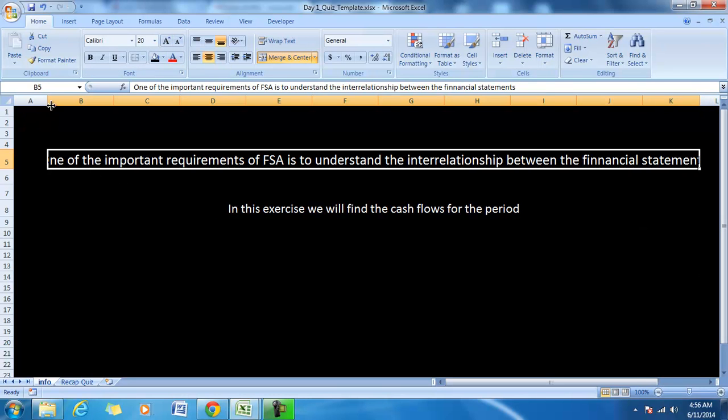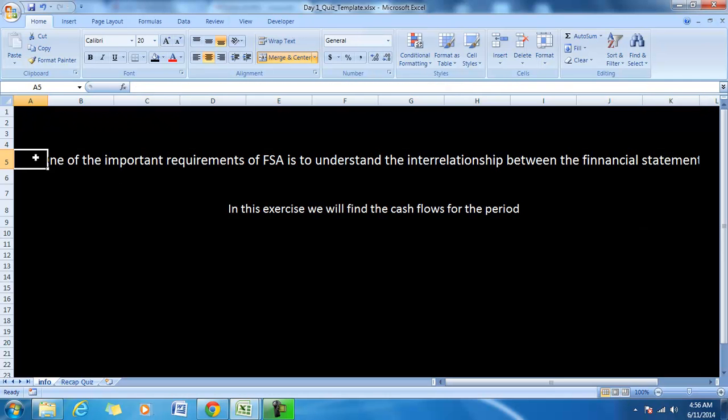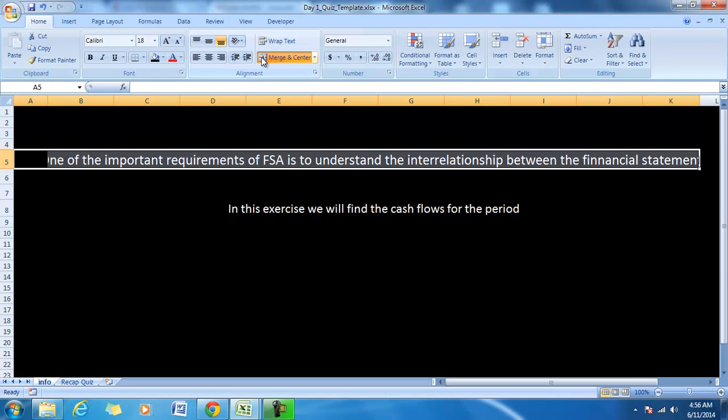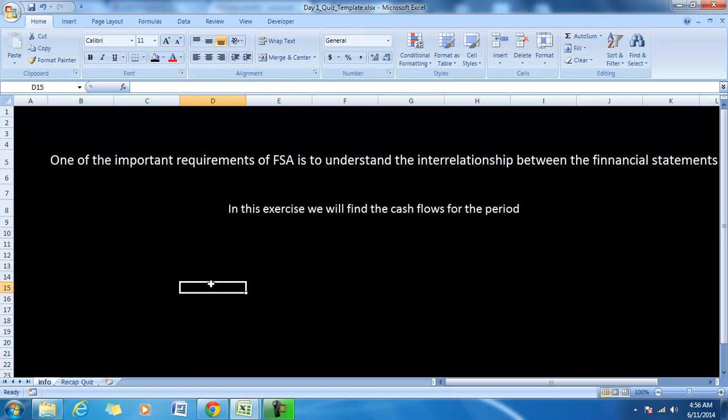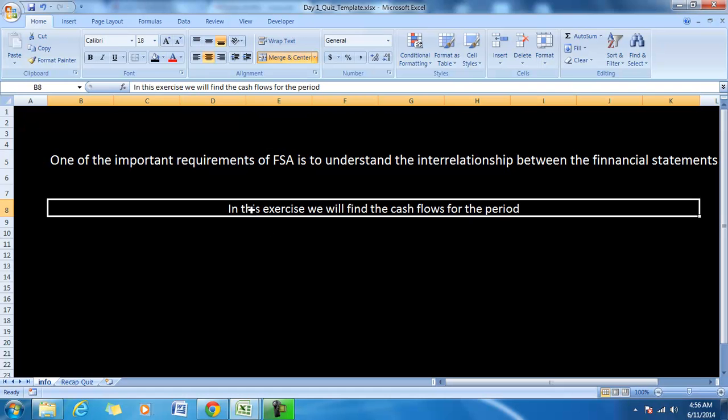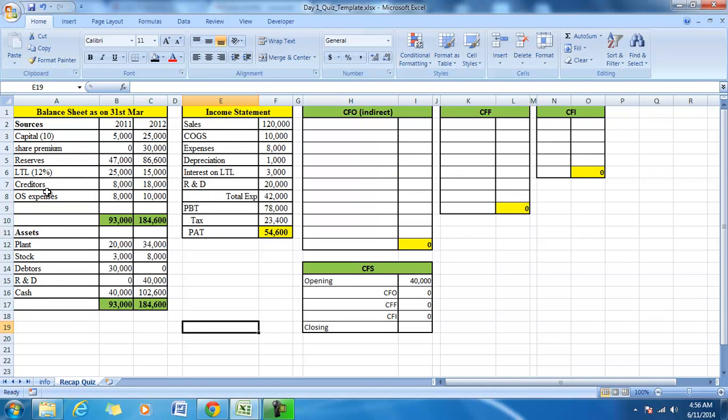As a prelude to undertaking the financial statement analysis, it is necessary to see the interrelationship between these financial statements.